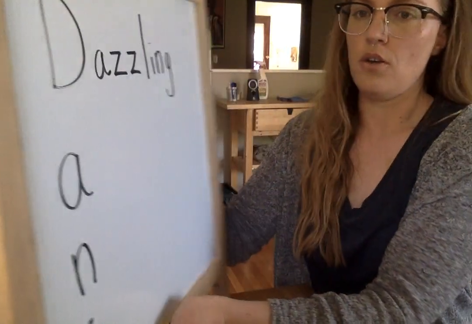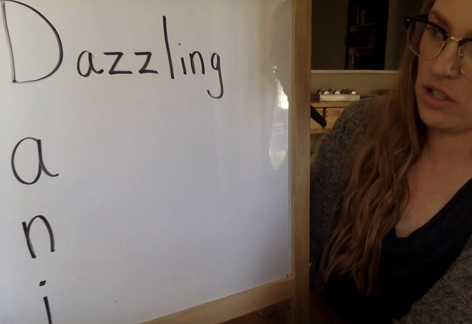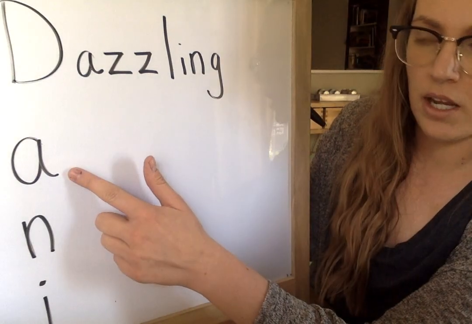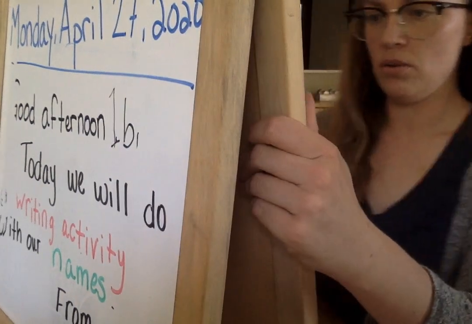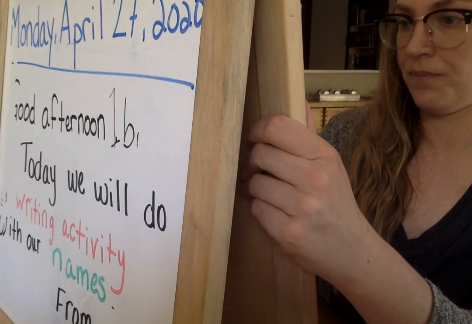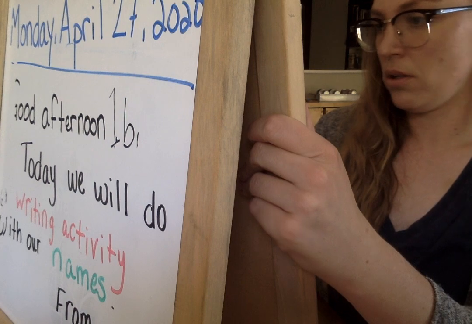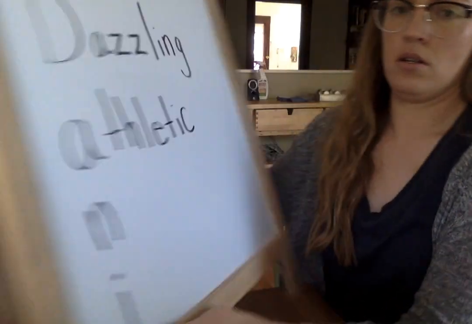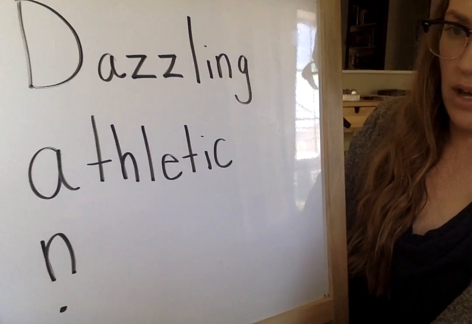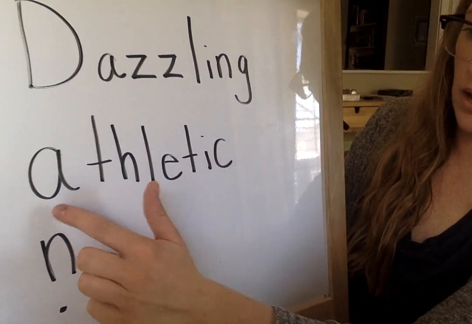Very cool. Now I need to think of an adjective for Danny that starts with an A. The one that I have in my mind, because I know that Danny likes to play soccer, is athletic.